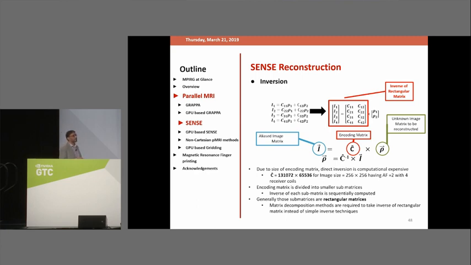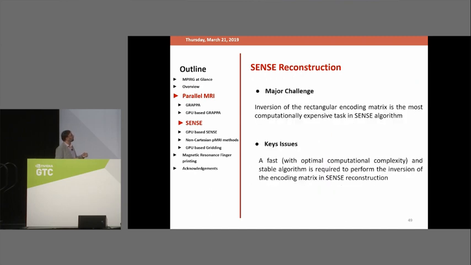So this inversion is challenging in SENSE, because normally the encoding matrix is a rectangular matrix, and taking the inverse of a rectangular matrix is always challenging. So the major challenge in SENSE is inversion of the rectangular matrix, as I said earlier, which is a complicated task.